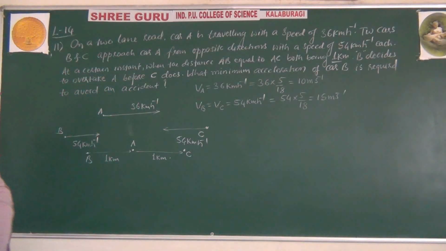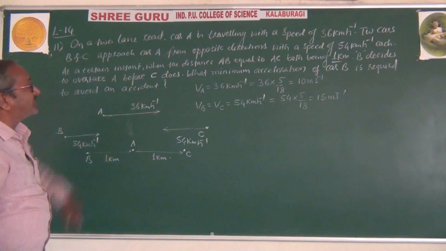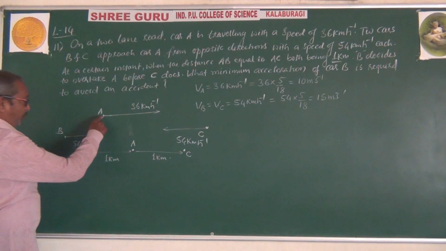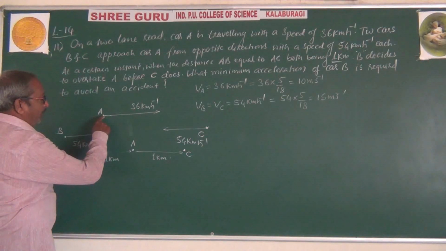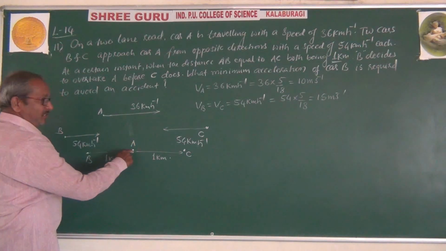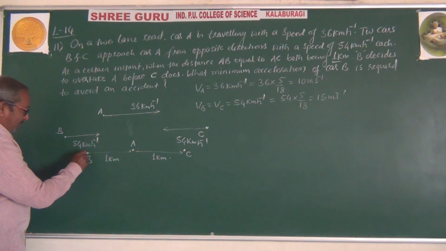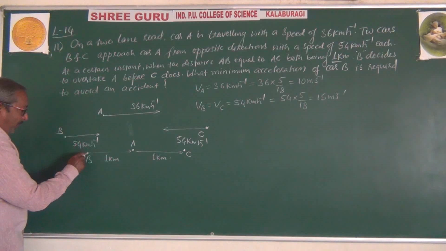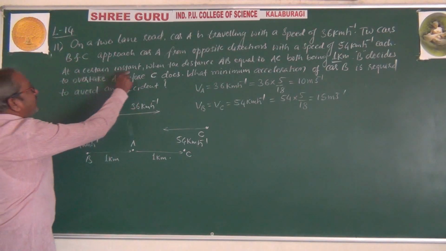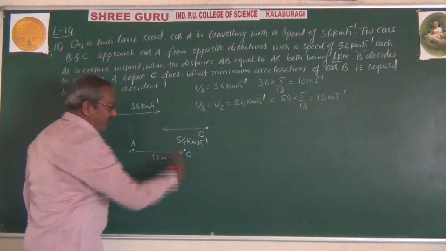Now after that, what minimum acceleration? So here at a certain instant, after some time, the distance between A and B. Suppose for example A goes some distance and its position will be here. And the B is coming from this side. At a certain instant, the position of B is here and position of C is here.